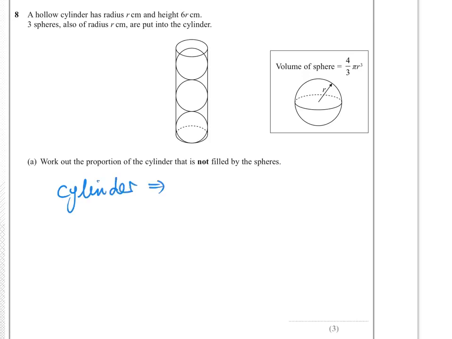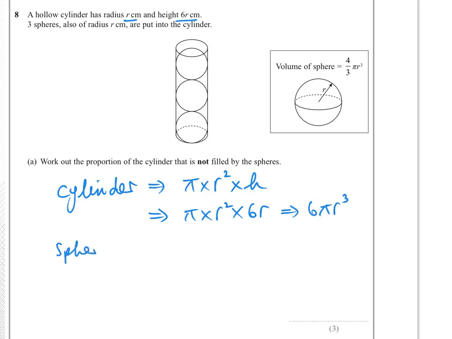the volume of the cylinder is going to be pi times the radius squared times the actual height. So that's going to give us pi times r squared times the height, which is 6r as given in the question, don't forget. And that gives us 6 pi r cubed.